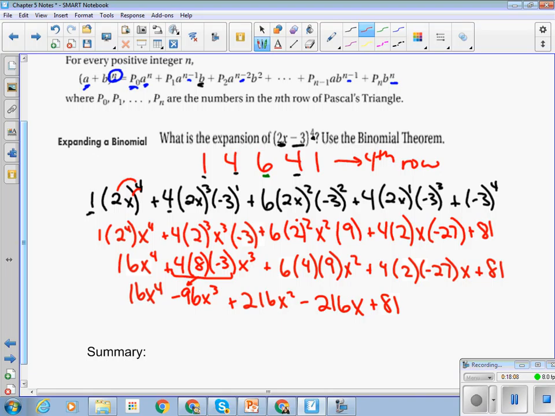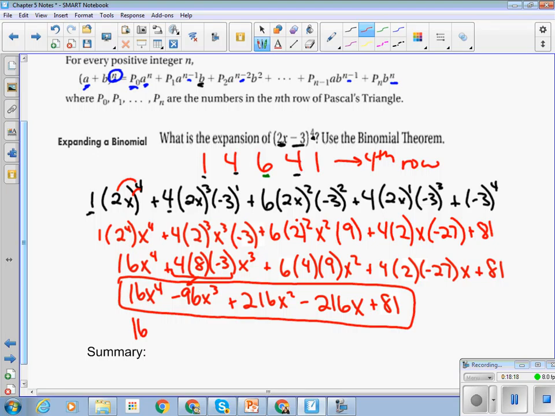So here is the final answer. If I'm putting it in Excel or Canvas, it goes 16x caret 4 minus 96x caret 3 plus 216x caret 2 minus 216x plus 81.